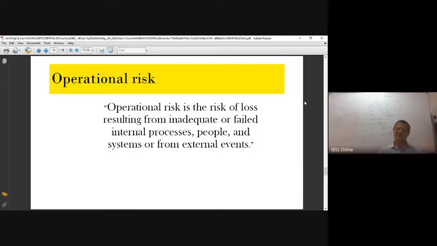People, I mean the employees. So we need people who are trustworthy, because most operational risk factors come from fraudulent activities of employees. So you need to have certain strict controls, you have audits.